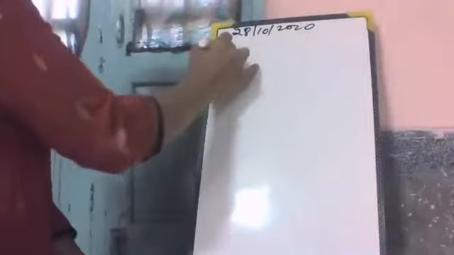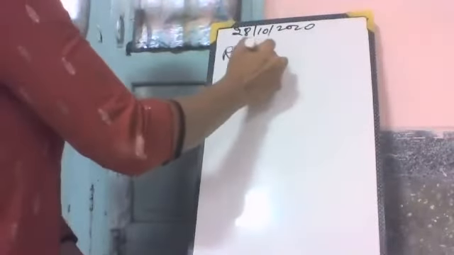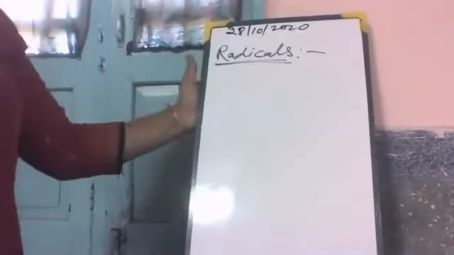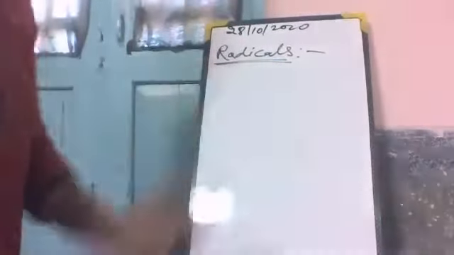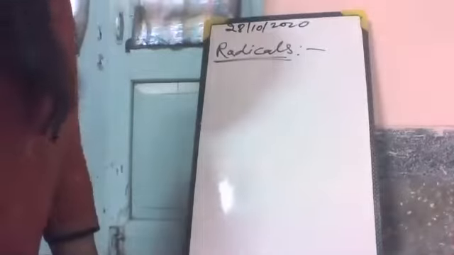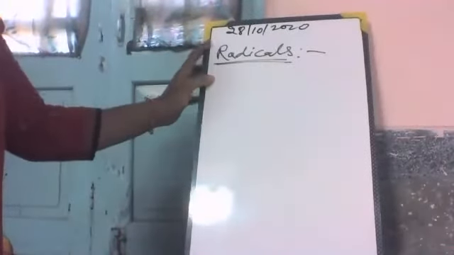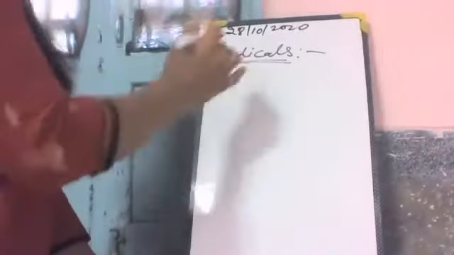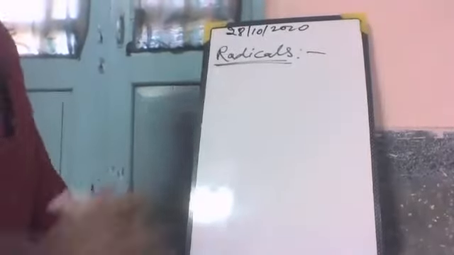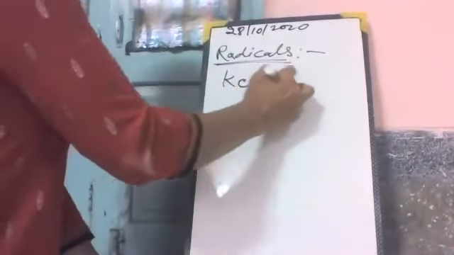Radicals. In some solutions, an ionic compound having an ionic bond splits into two different ions. Suppose calcium chloride.